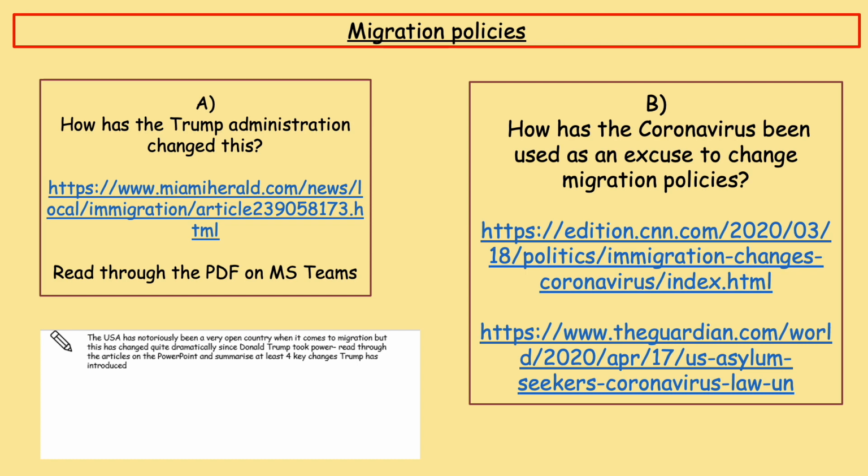So they haven't had to go through the long laws and procedures that perhaps traditionally migration policies would have to have gone through. So I want you to read through these 4, and then I would like you to just bullet point some of the key changes Trump has introduced, because this is what in your answers is going to get you those highest marks, having that relevance.